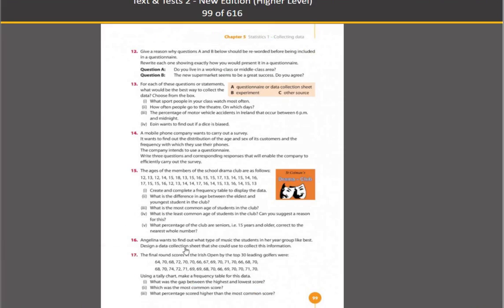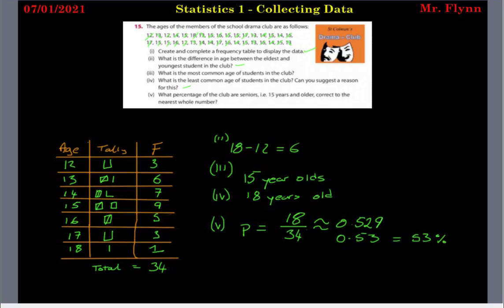Okay. Having a look at the other two questions. So Angelina wants to find out what type of music the students in her year group like best. Design a data collection sheet so that she could use this to collect the information. So it could be a simple case of a sheet where on the left column going down, she has all her different genres of music, all right?